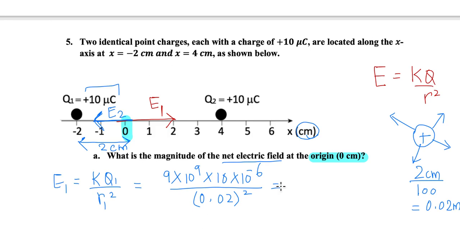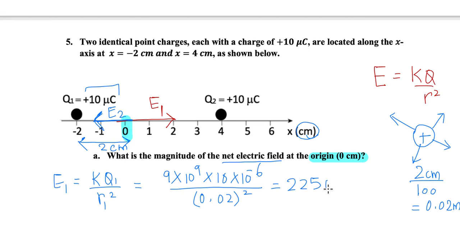I'm going to use my calculator. If you are solving with me, you can also use the calculator and double check. So that's 10 to the power negative 6 over 0.02 squared, and this gives me the answer as 225 followed by 6 zeros.